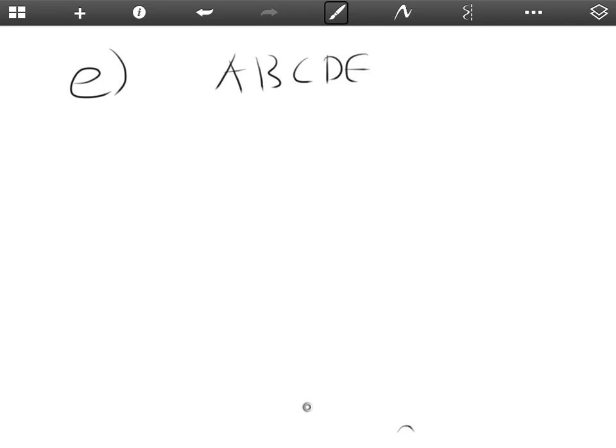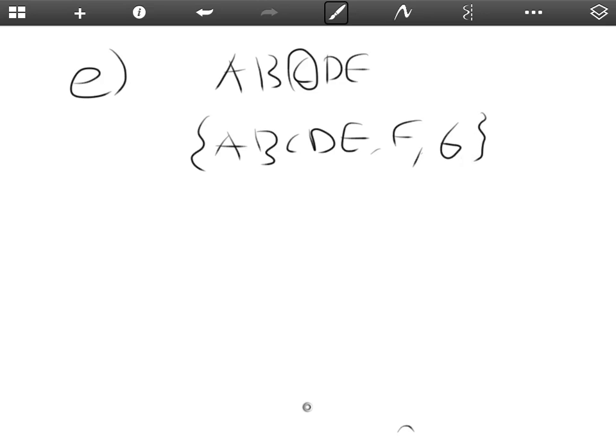It's impossible because they share this C. You have to have ABCDE as one element in your set, and then F, and then G. So that's really just 3 permuted, which is 6. Let me make sure I got that right, because that would be bad if I did not. What else could it really be? Yes, okay.